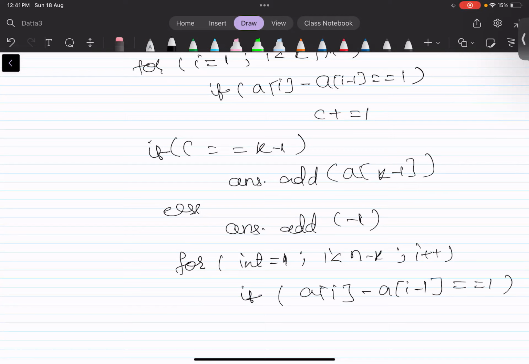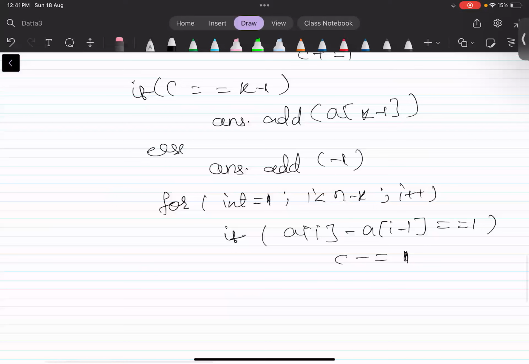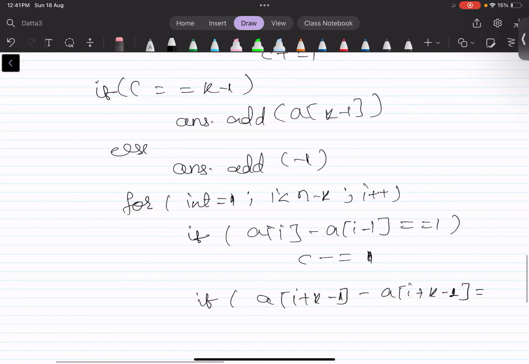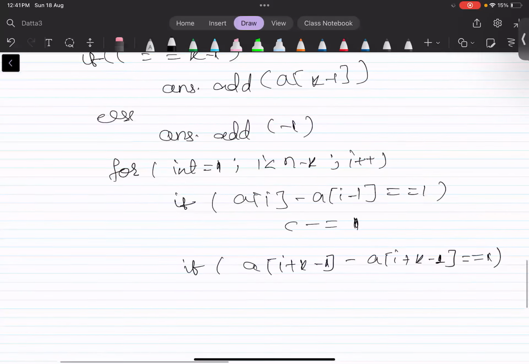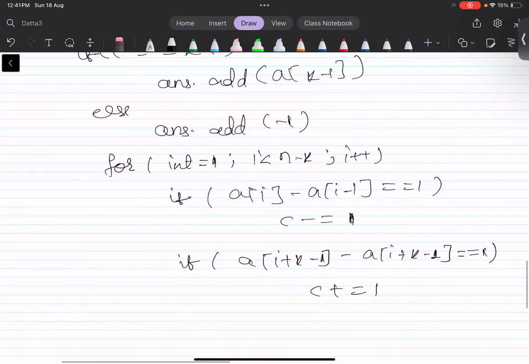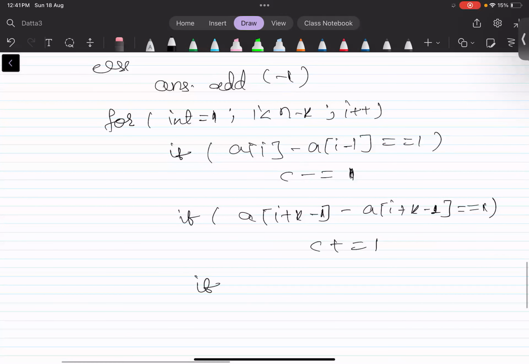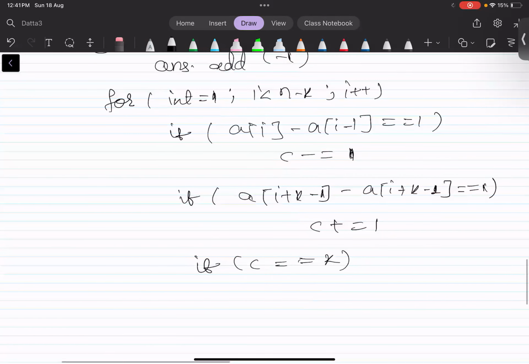So if the difference is 1, I have to decrement C because it contributed a value to C. If a of i plus k minus 1, the element that we added, and its previous element difference is 1, I'm going to increase my C. Now, if our C is again equal to k minus 1, then that particular subarray is increasing.